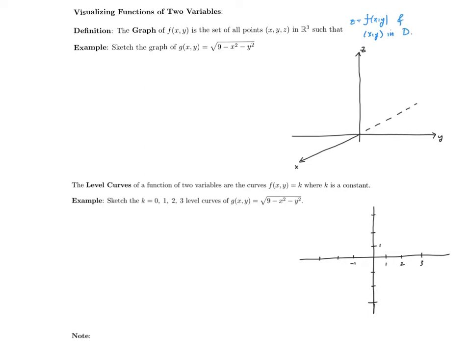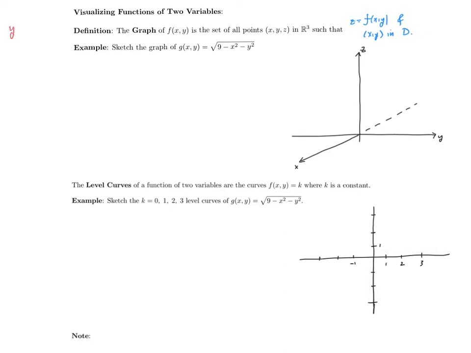And this is a great opportunity to remind ourselves that for a function of two variables, we think of the input as being some pair in the xy plane, and the output is a number.